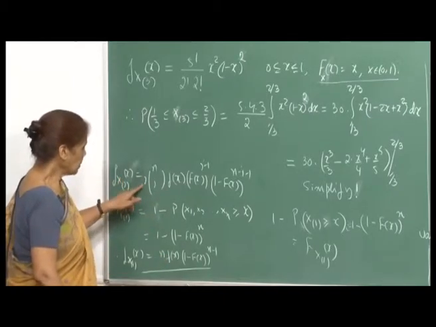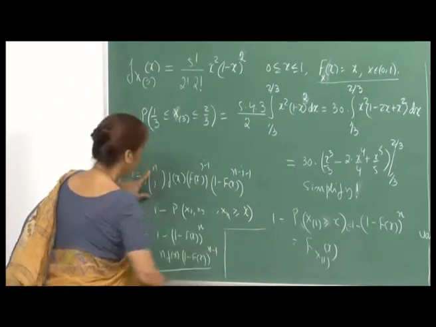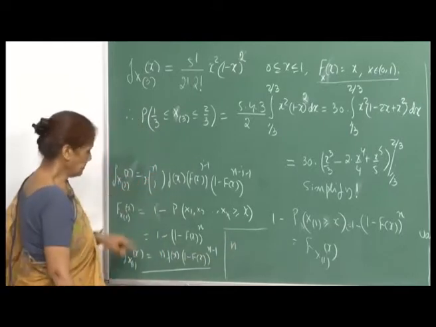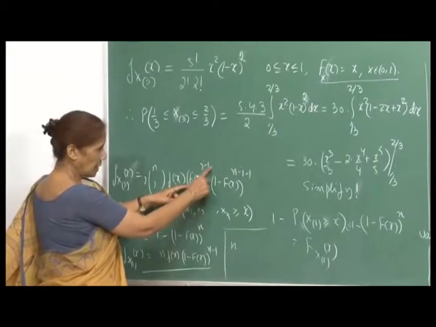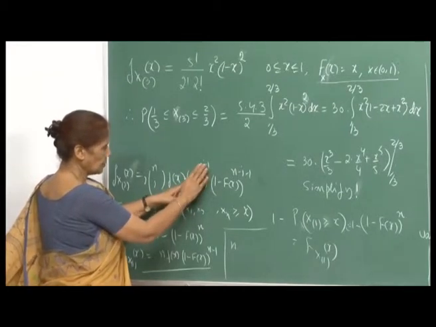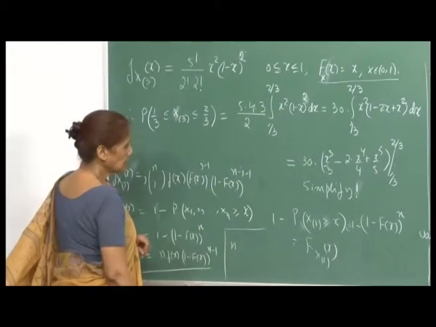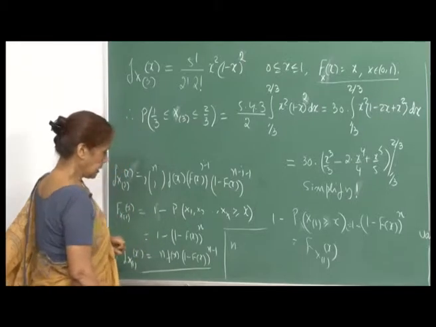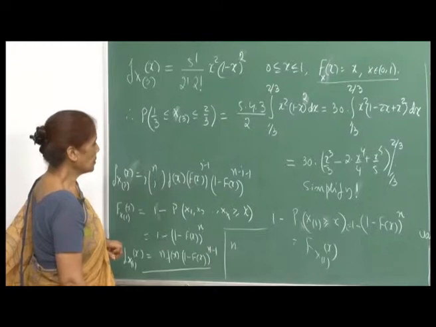So, what do you get? If you substitute in this formula, this will be n C 1, which is n, then f(x), and this is 1 minus 1. So, this is 1 minus F(x) raised to n minus j minus 1. How am I getting this? j is 1, so this is coming out to be n minus 2.